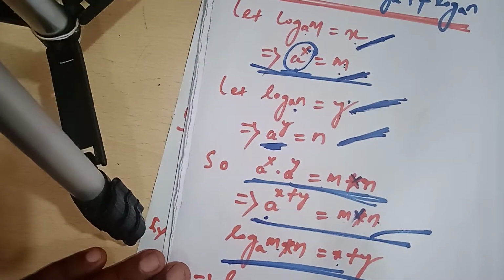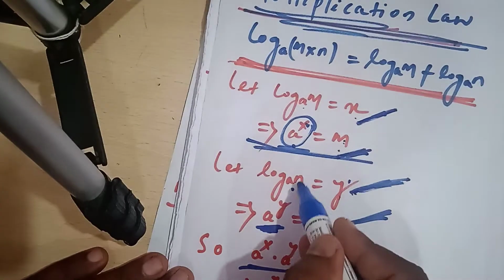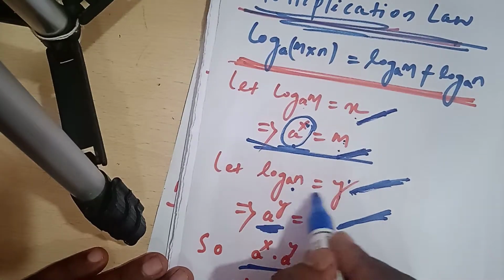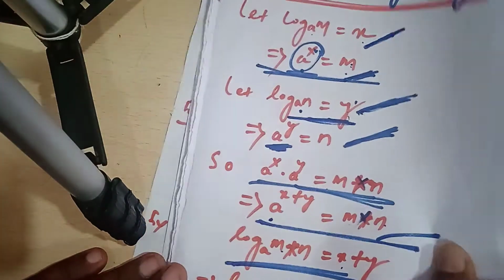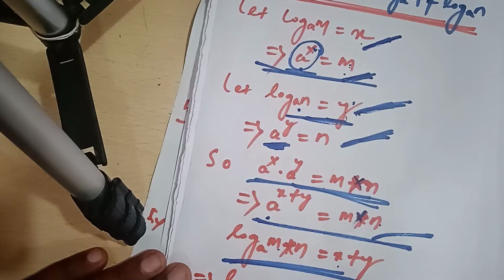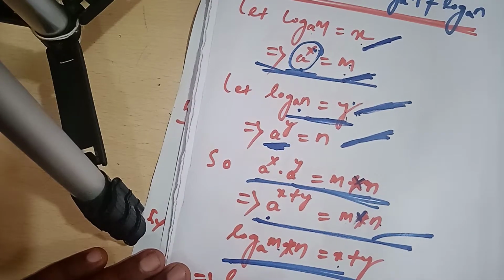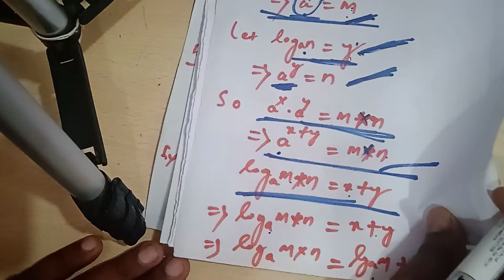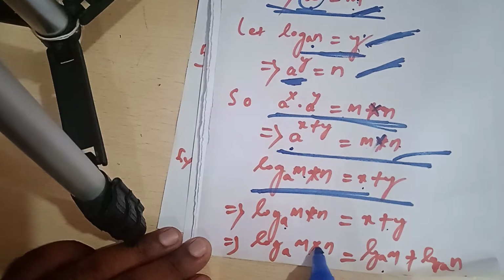And log n to the base a is equal to y, so in place of y, log n to the base a. So this is the rule: log mn to the base a is equal to log m to the base a plus log n to the base a.